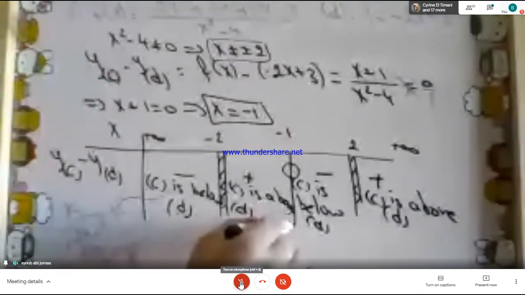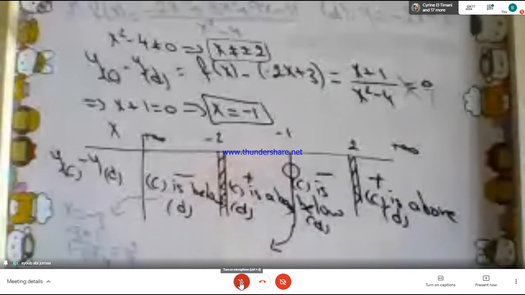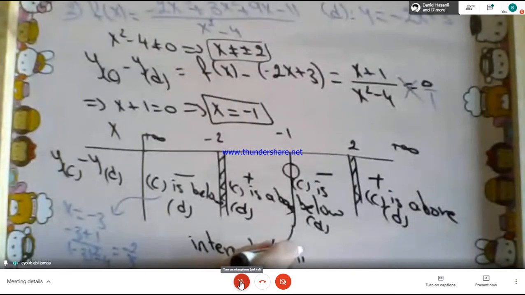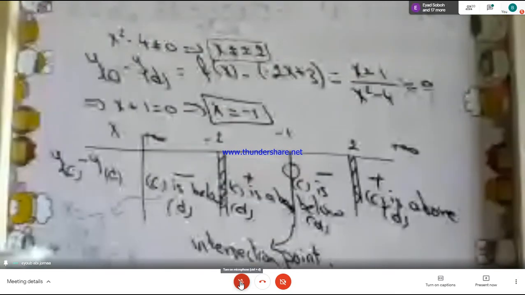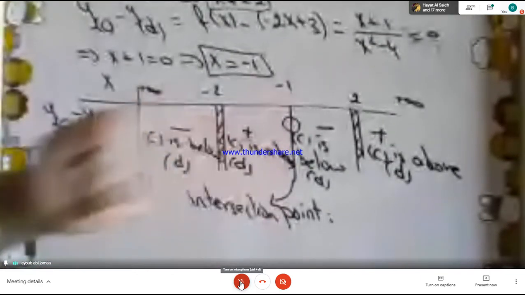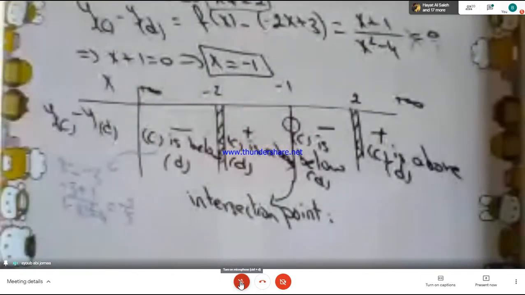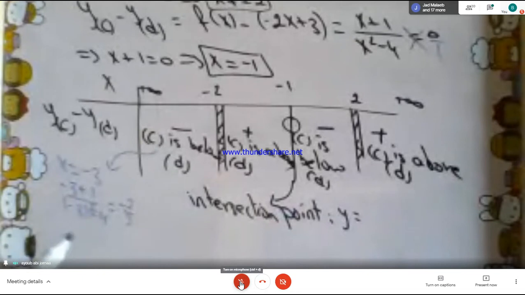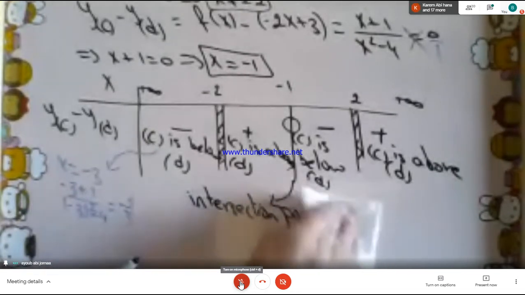So at x equal to -1, what is y? You replace.